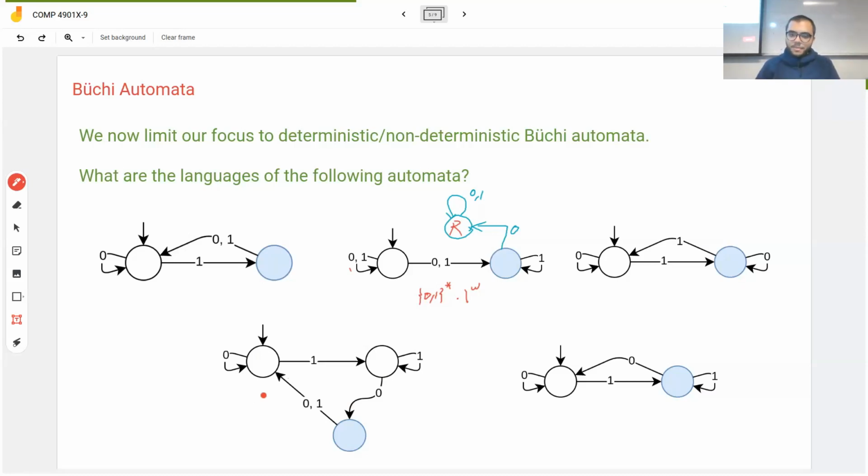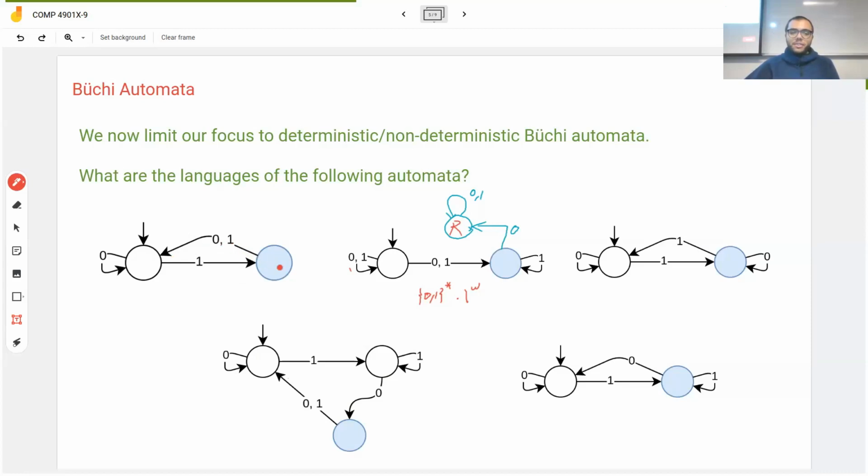Okay, how about this one? Is it infinitely many ones? Why do you think it's the same? Because, I mean, it looks different, right?